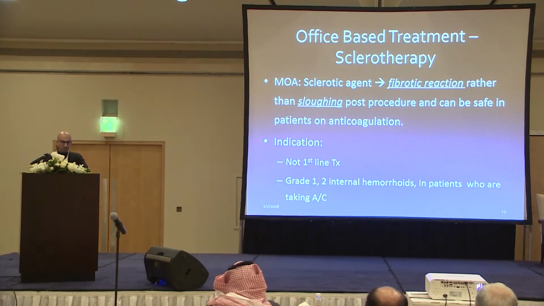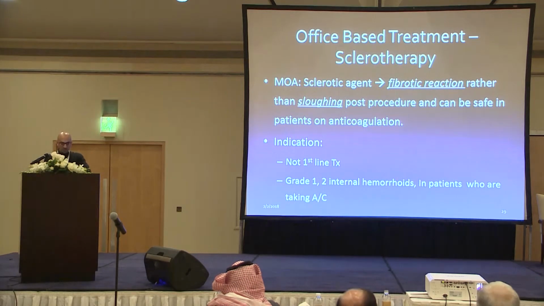You remember the reason why we couldn't use rubber band ligation in anticoagulated patients? Because of the scab formation, which will fall apart after 5 days and the patient will bleed. However, with the sclerotic agent, it will cause a fibrotic reaction right away, and there is no scab to form. So that's why it is safe to use in patients who are on anticoagulation.